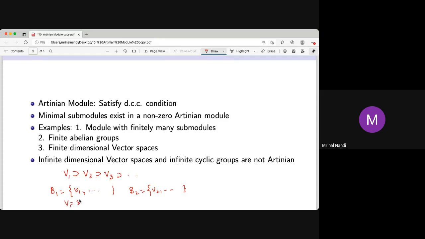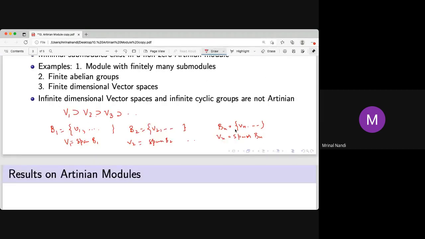V1 is the span of B1, and V2 is the span of B2. So like that, any Bn starts from the n-th element, and Vn is the span of Bn. Now this is not equal, it is a proper subspace. Now you can generate an infinite sequence which is not stationary. So that's why an infinite dimensional vector space is not Artinian.